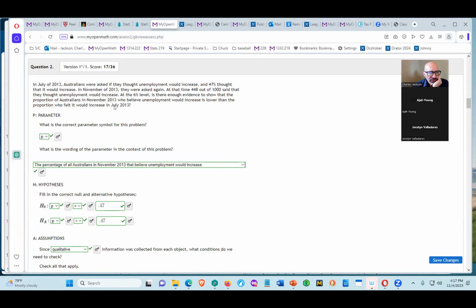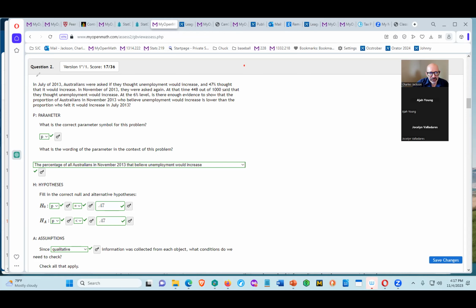Okay, so let's get our n and p, all of our important values. 47% thought that it would increase. So that's July of 2013. And then they're going to talk about November of 2013.